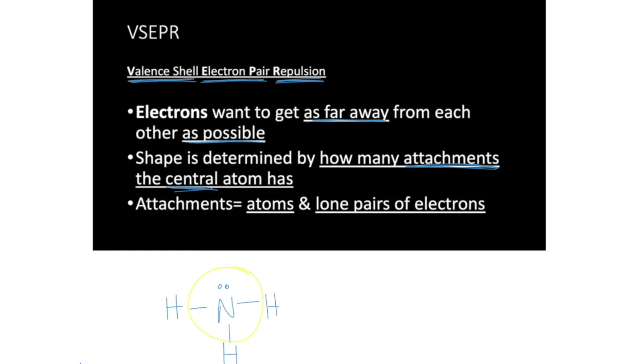I have 4 attachments because those attachments can either be attachments to other atoms, here are our hydrogens, or attachments to other lone pairs, like you see right here. This lone pair is negativity. Those are just electrons. Over here, you see that negativity in your bonds and those pairs that are sharing.